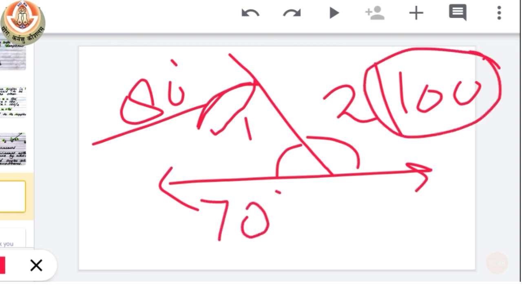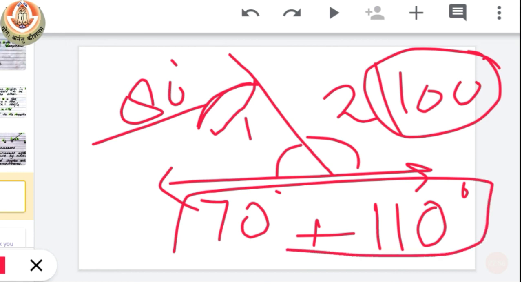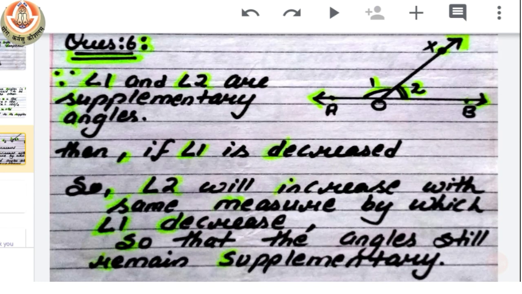On the other side there will be an increment of 10 degrees. Now when you add them, it is also 180, meaning supplementary angles. So however much decrement there is in angle 1, there will be that much increment on the side of angle 2, so that they will remain supplementary.